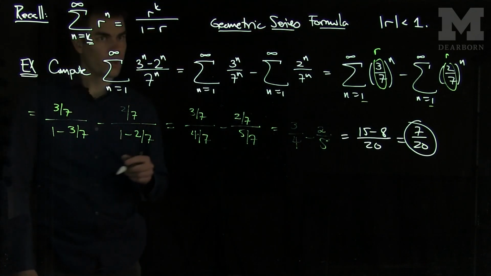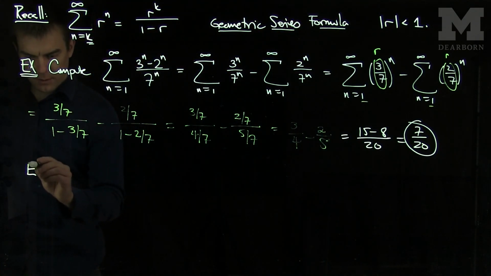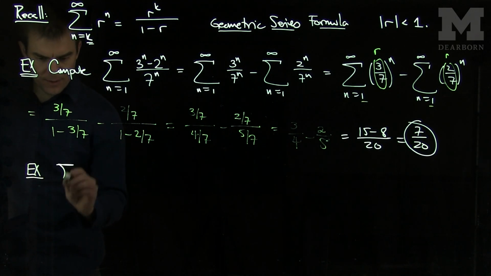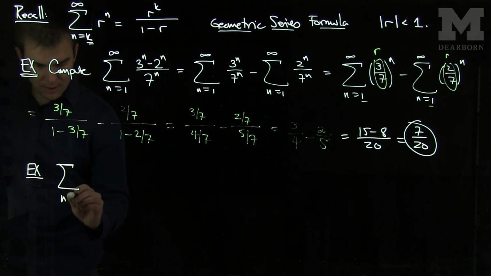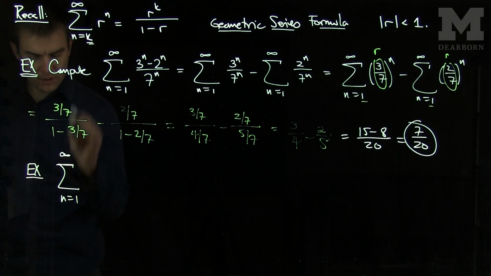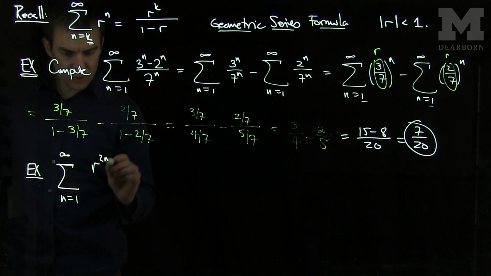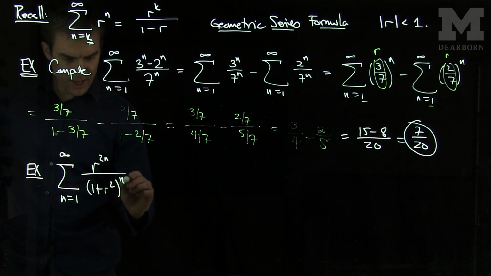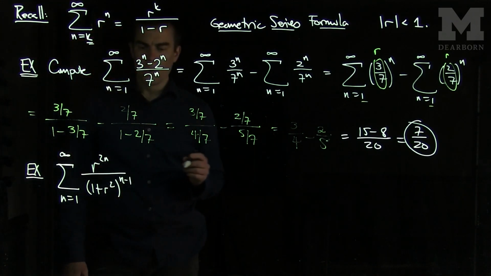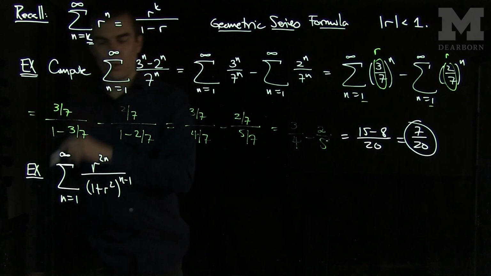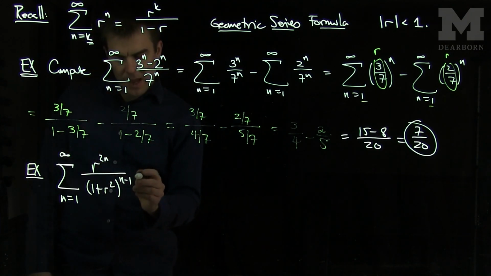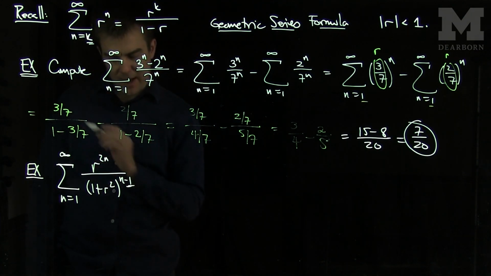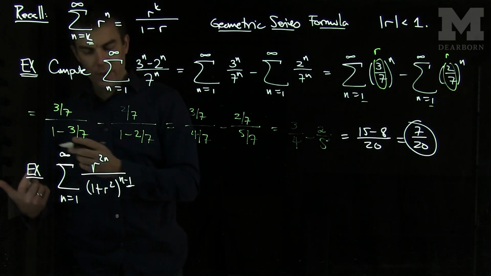Let's consider another, more abstract example. If we wish to find the sum n goes from 1 to infinity of r to the 2n over (1 plus r squared) to the n minus 1, we need to identify the corresponding r in this problem. Whenever we see a constant, like this -1 as an exponent, we can pull that term out.